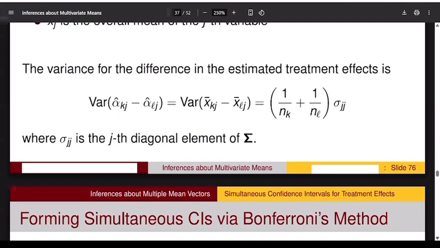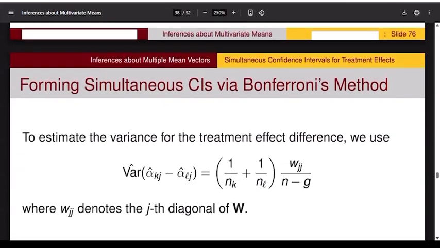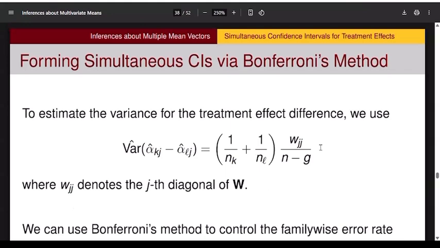Now, with that, we can formulate a simultaneous confidence interval. Why am I looking for a confidence interval? I want to conduct a simultaneous confidence interval probably because the null hypothesis has been rejected in the multivariate analysis of variance, and I want to know where the difference lies. Now, this is the formula: the variance of that equals that.